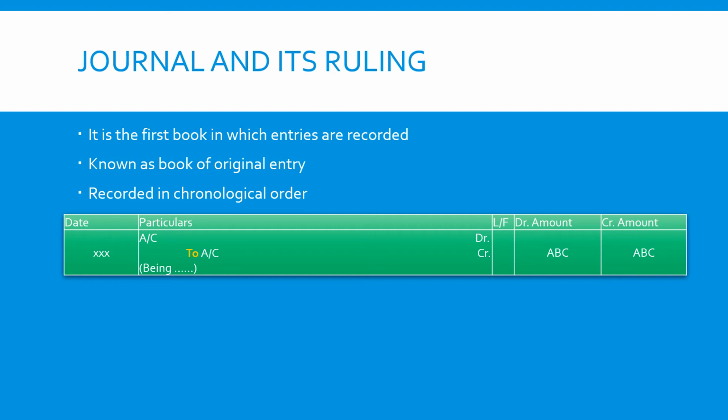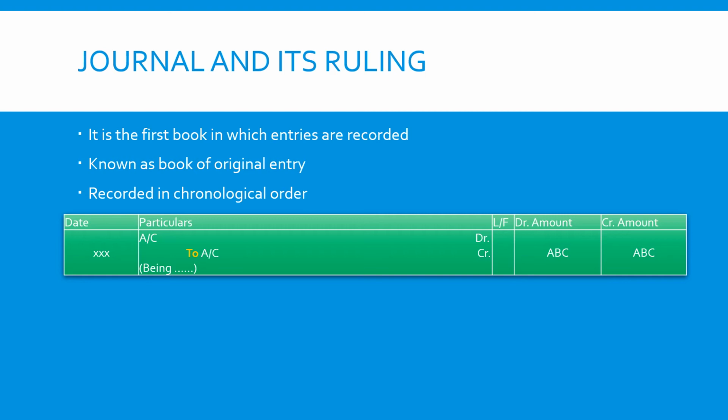Irrespective of whatever transaction we are posting, since it will have a debit and a credit, we first register the debit, and then the subsequent one will be the credit. That's why we write it as account debited to account credited.